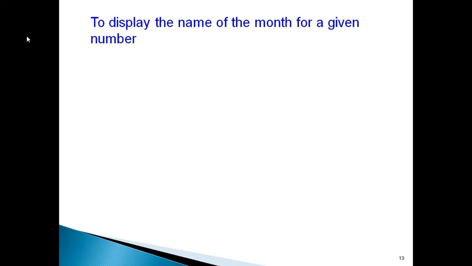If you enter a month number, if you enter 1, it displays January. If you enter 3, it displays March. If you enter the number of the given month, then it displays the name of the particular month. We will write the program for this task. The algorithm is: first read the number.